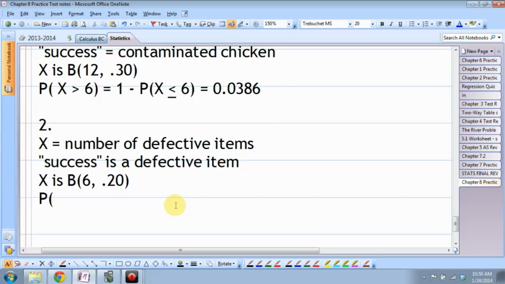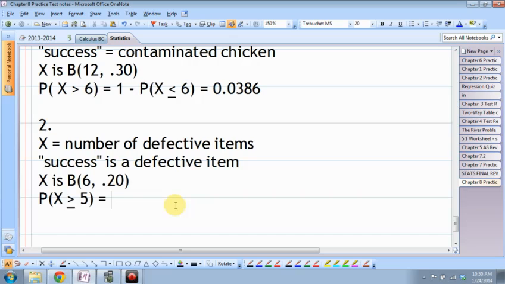So we want to know the probability that X is 5 or more. So greater than or equal to 5. There's actually a couple ways that we could define this.